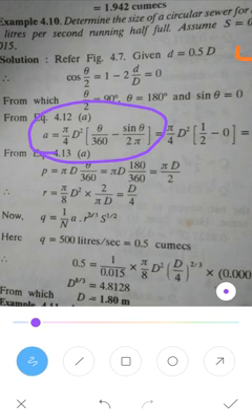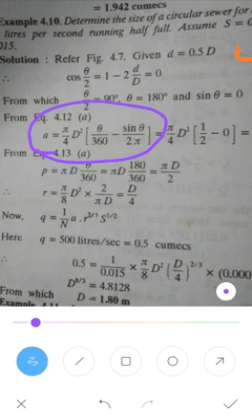Area is equal to pi d square divided by 4 into theta by 360 minus sin theta divided by 2 pi. Remember this formula for finding the area of the circular section.